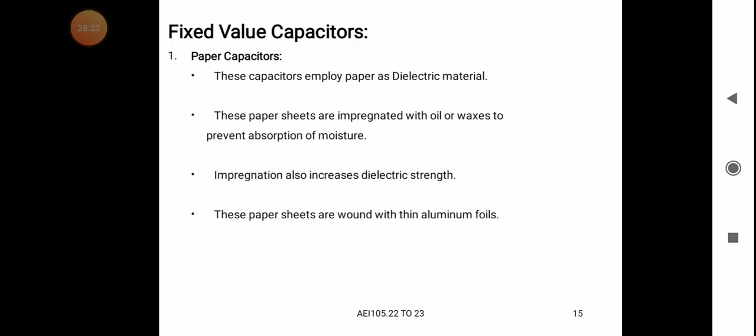These paper sheets are wound with thin aluminium foils. So this is how the paper capacitor is manufactured.